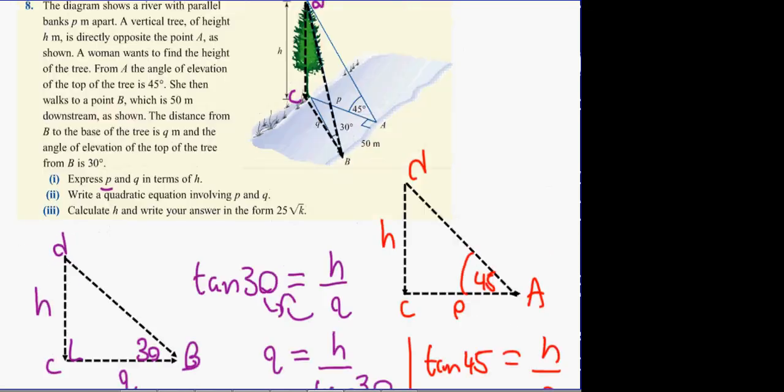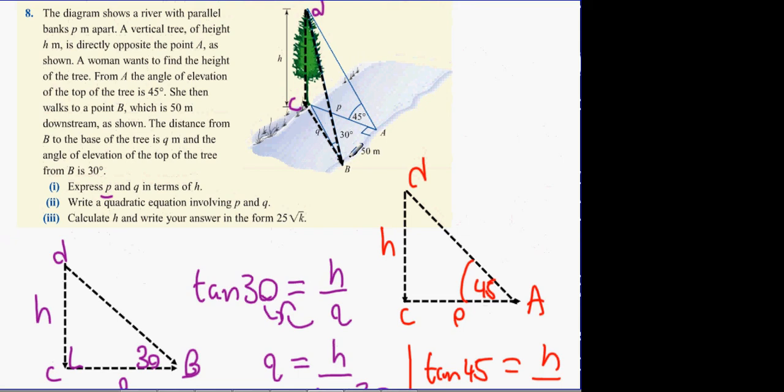Now, we finally have to deal with the base triangle. There's a base triangle here, which I'm going to do in green. 1, 2, and 3. We're going to draw the triangle ABC. Okay?